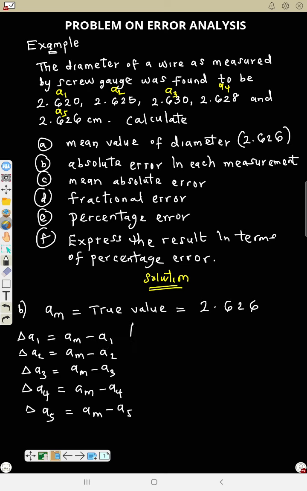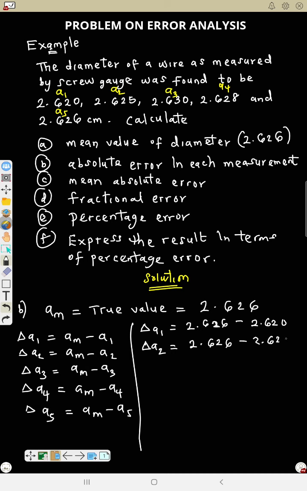So now we can say delta A1 is 2.626 minus A1, 2.620. So this is our A1, A2, so use it throughout. Now delta A2, that is the absolute error in the second measurement, is 2.626 minus the second one, 2.625.